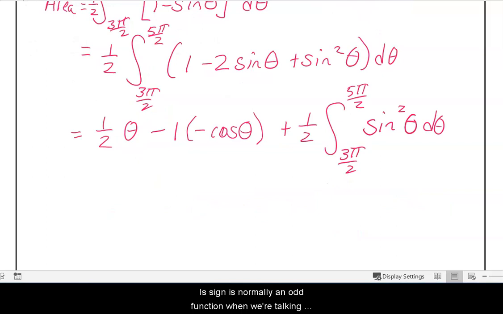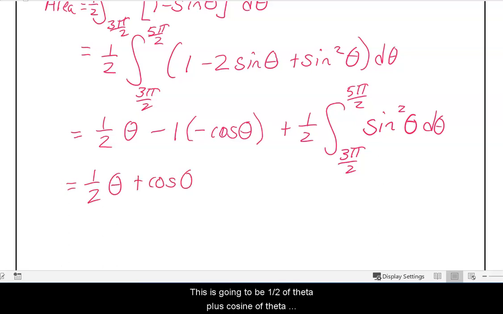Since sine is normally an odd function when we're talking about the xy coordinate system, this is the one that has the negative in the middle. This is going to be 1/2 of theta plus cosine of theta, both to be evaluated between 3 pi over 2 and 5 pi over 2.